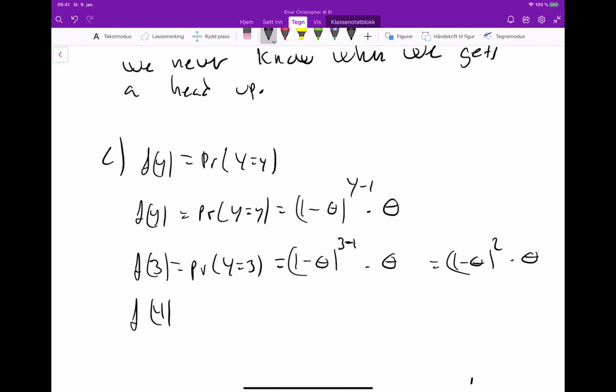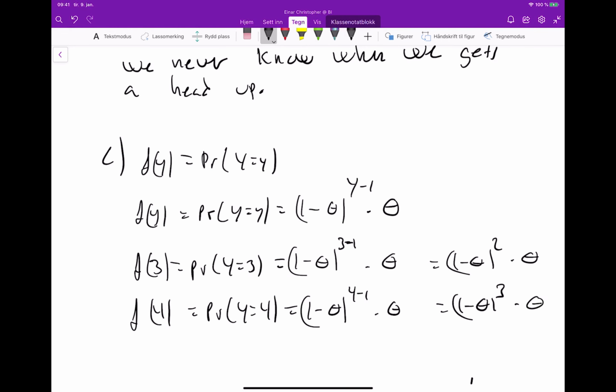And let's also check f of 4, or the probability of y equal 4, which we also checked a few seconds ago. This is 1 minus theta to the power of 4 minus 1 times theta, which is equal to 1 minus theta to the power 3, times 3 tails and in the end a head. Perfect. So this must be correct.